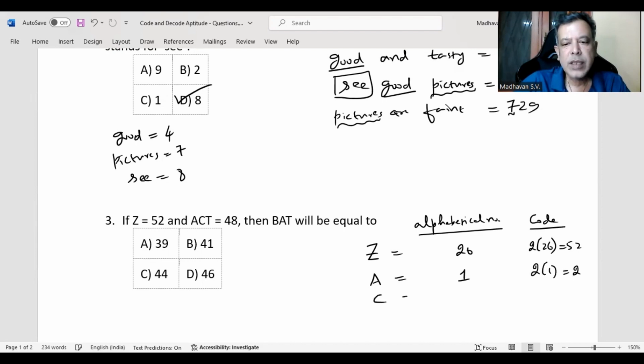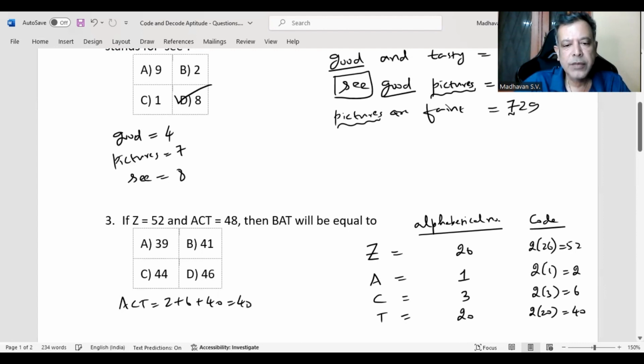C alphabet-wise number is 3, so 2 times 3 should be 6. For T, the number in the alphabet is 20, so 2 times 20 gives 40. Now for ACT, 2 plus 6 plus 40 gives 48.